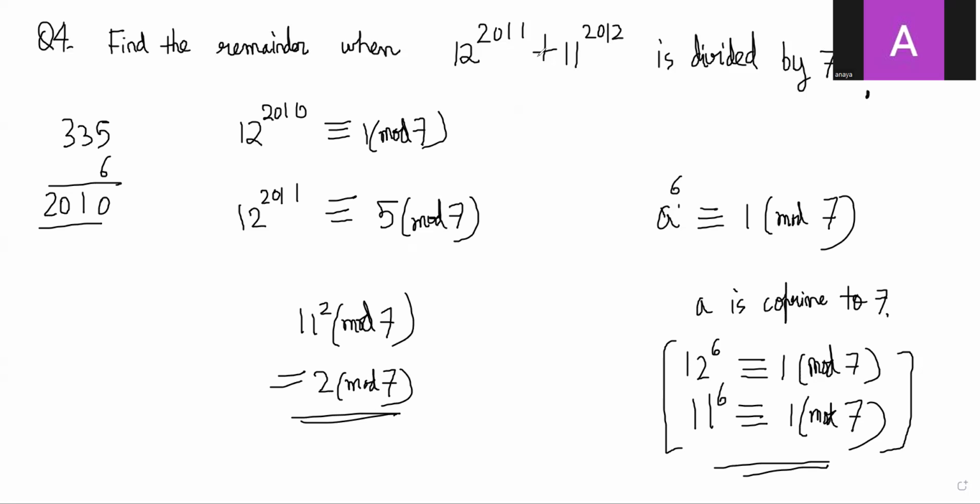So you are getting 5 mod 7 here and 2 mod 7 here, which makes it 0 mod 7. Do you understand what I'm saying?